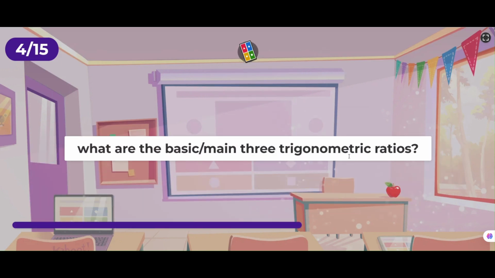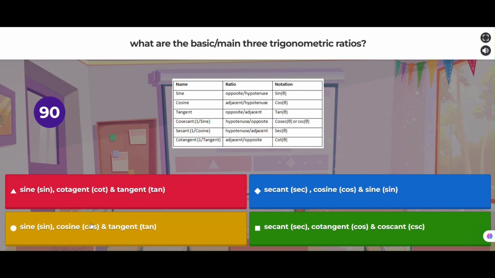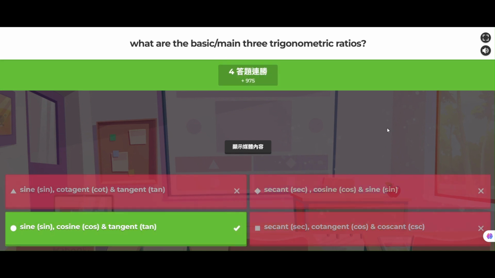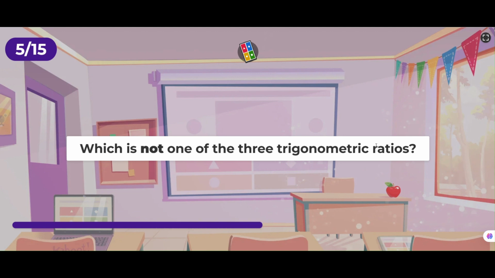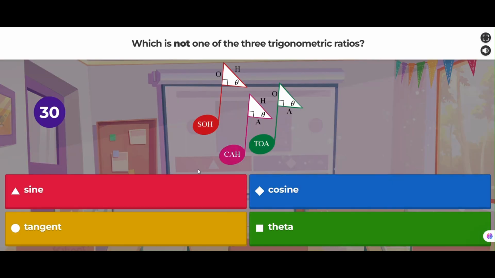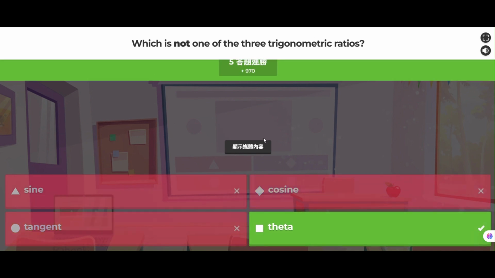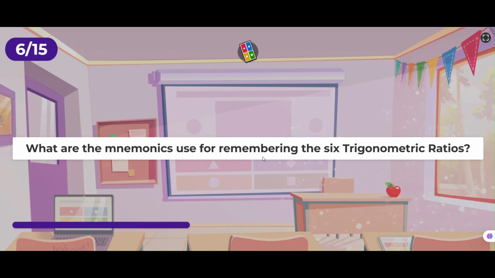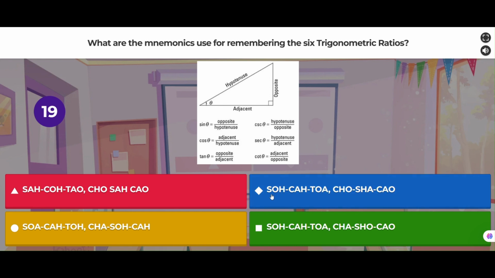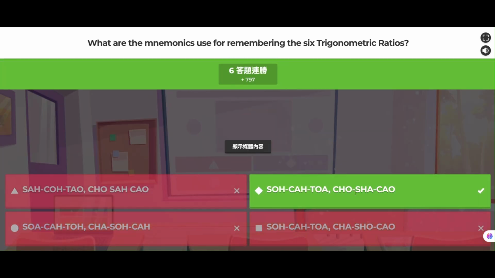What are the basic 3 trigonometric ratios? Sine, cosine, tangent. Which is not one of the 3 trigonometric ratios? Sine, cosine, tangent. Oh, theta is not. What are the mnemonics used for remembering the 6 trigonometric ratios? We have learned SOHCAHTOA, and the last 3 is CHO, CHO.